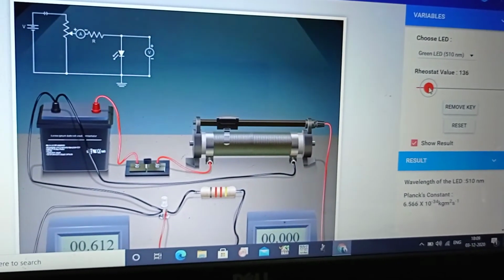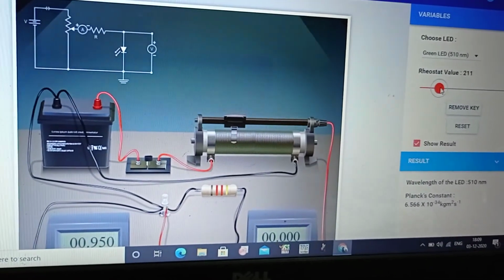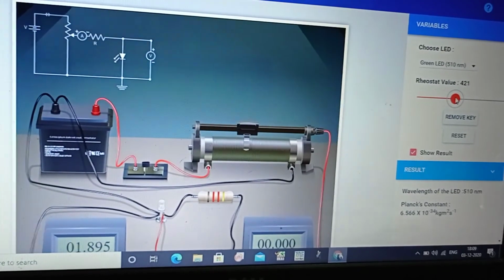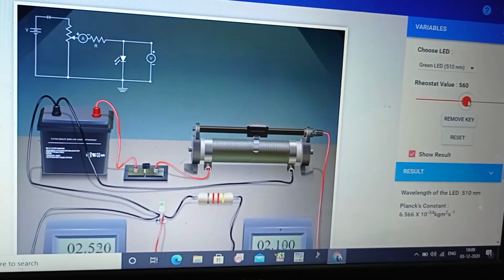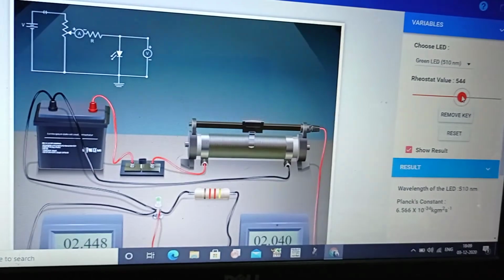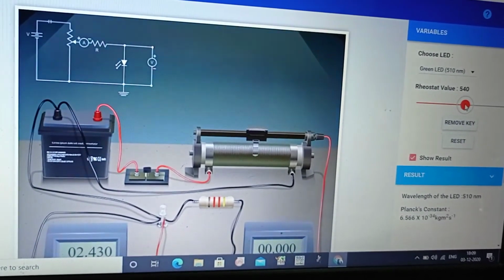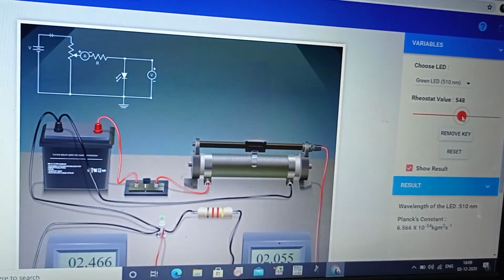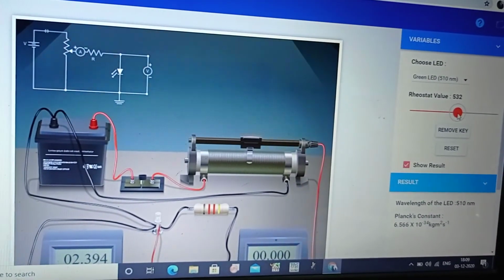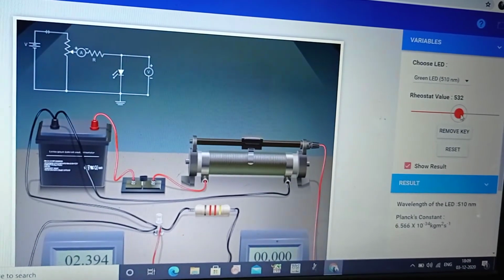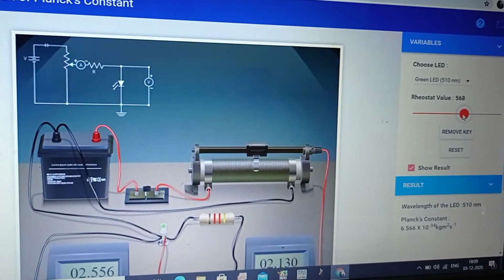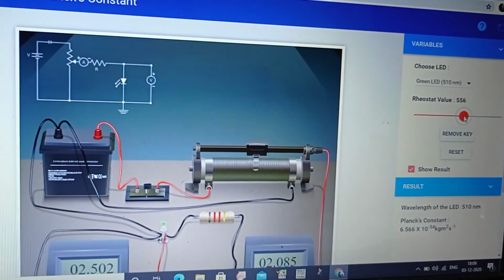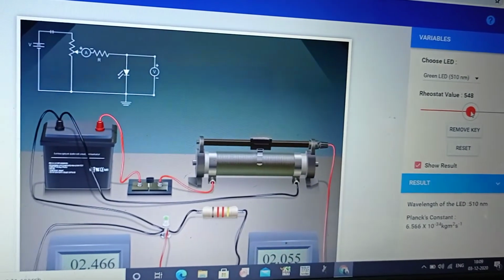adjust the value of the rheostat, and we will see at what current value the LED will glow. So the LED is glowing at 544. I am getting the value .548, it is glowing.